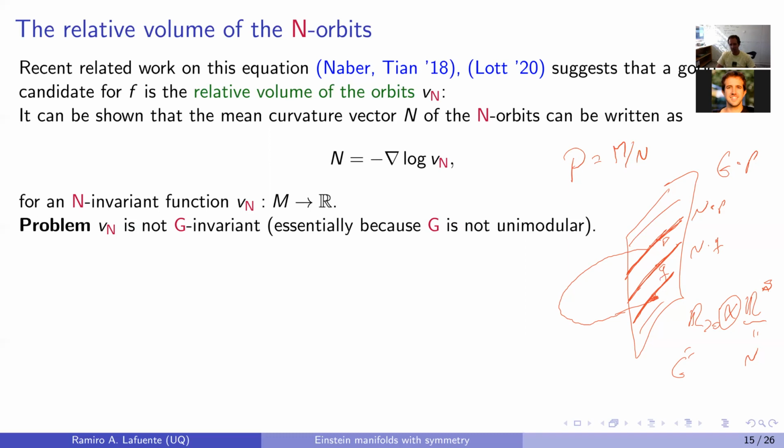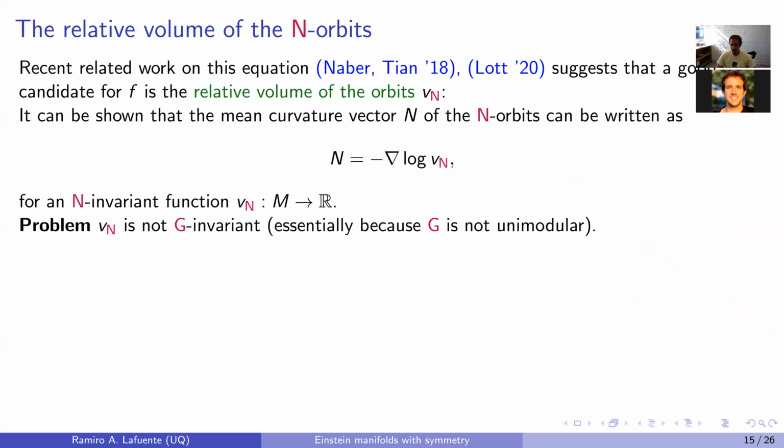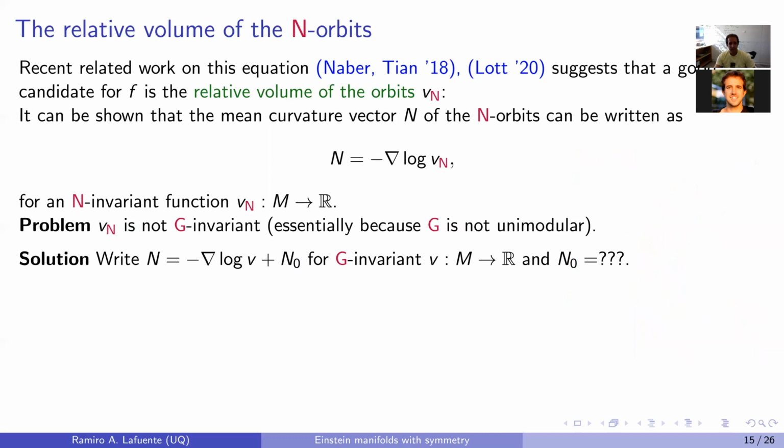So how to overcome that? Well, the idea is, we look for a G invariant V which somehow satisfies a similar equation. Namely, try to write the mean curvature vector as minus gradient of log V plus N_0, where V is a G invariant function and N_0 is to be determined.